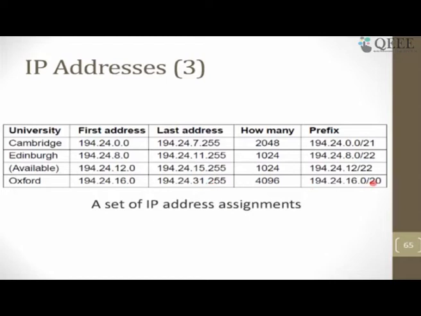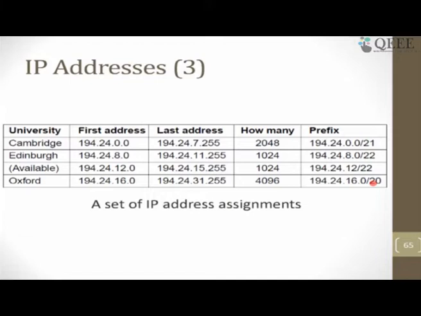If some company says it wants 2 to the power 12 IPs, they give the first 20 bits as the prefix and leave the rest for the company to use.